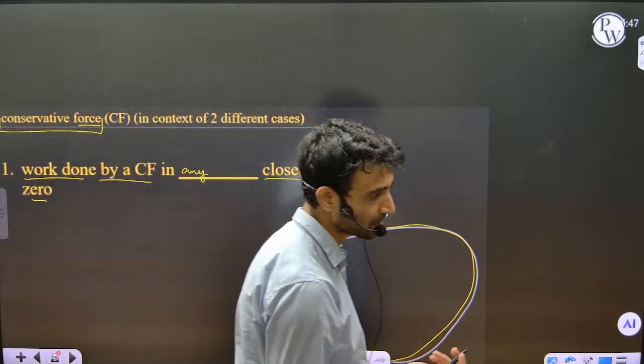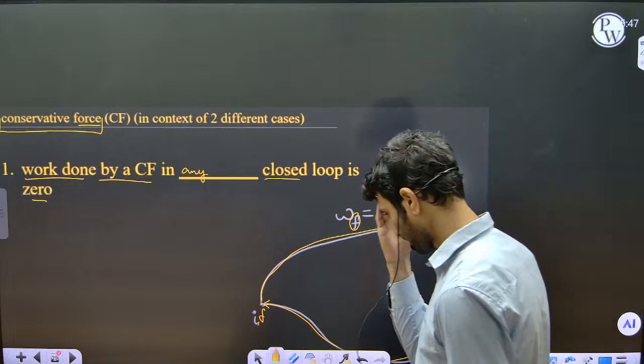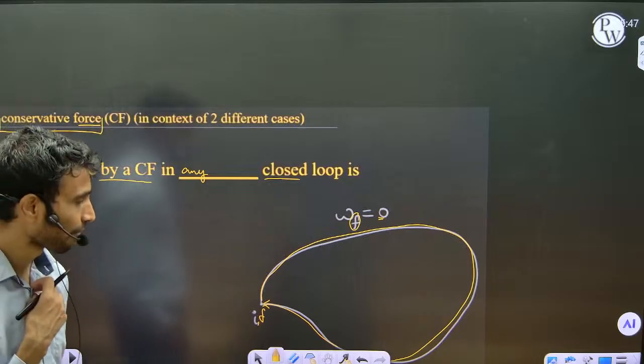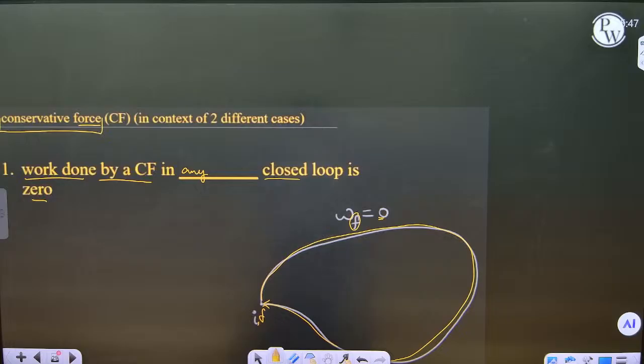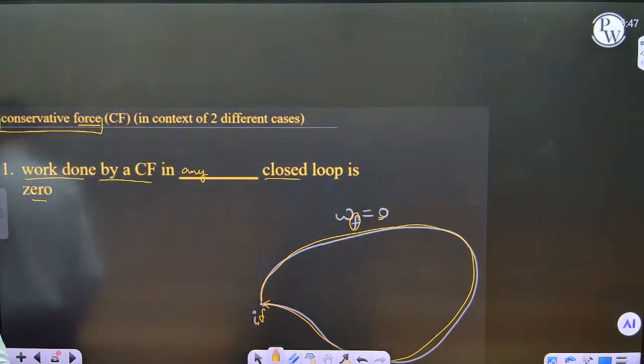So for a conservative force, the work done in a closed loop is zero.